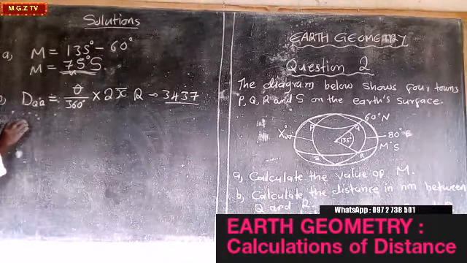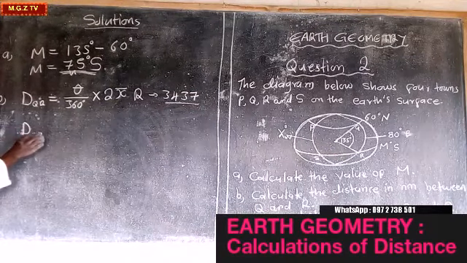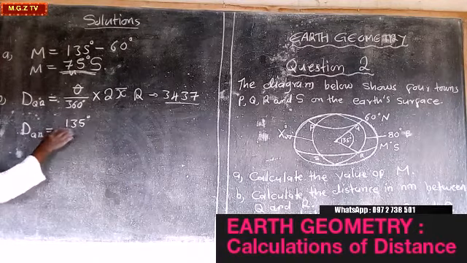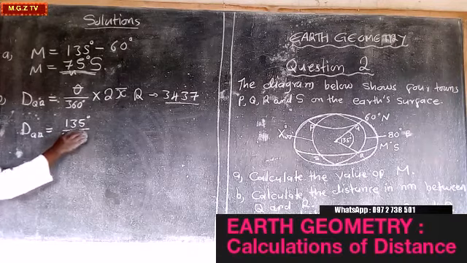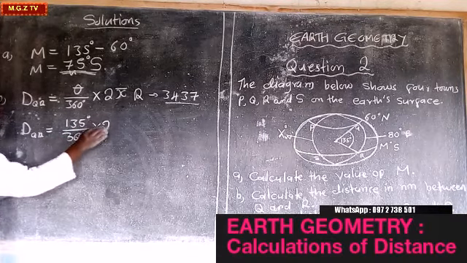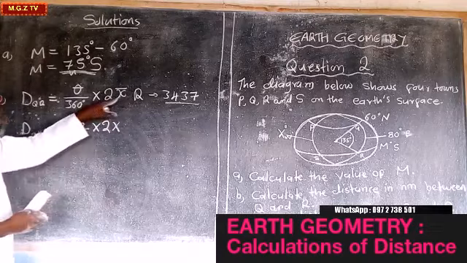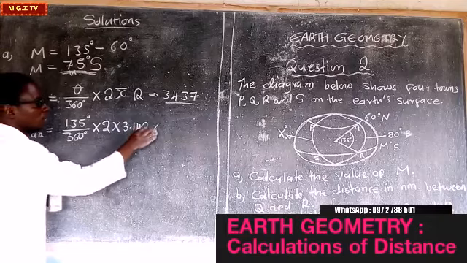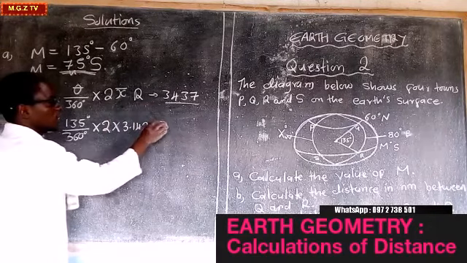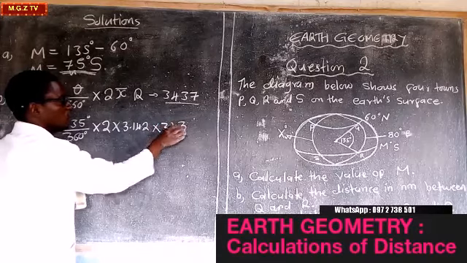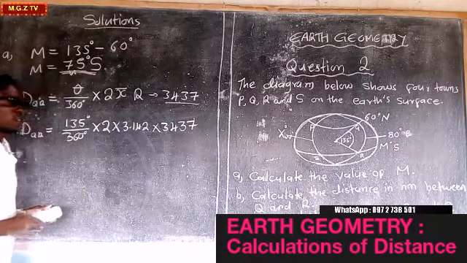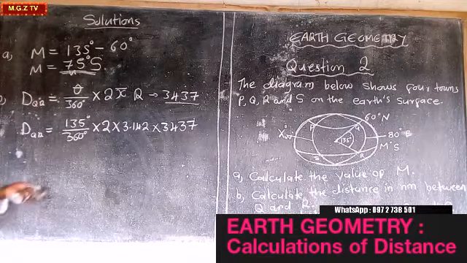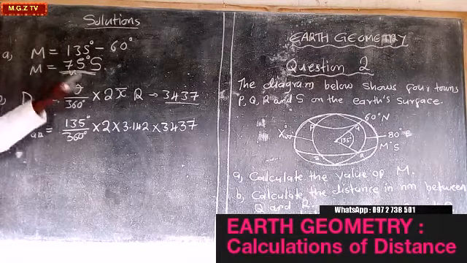So just simply say distance between QR is equal to 135 degrees over 360 degrees times 2 times pi, we use 3.142, times for radius 3,437. No need of wasting time to find the value for theta. It is already given there.